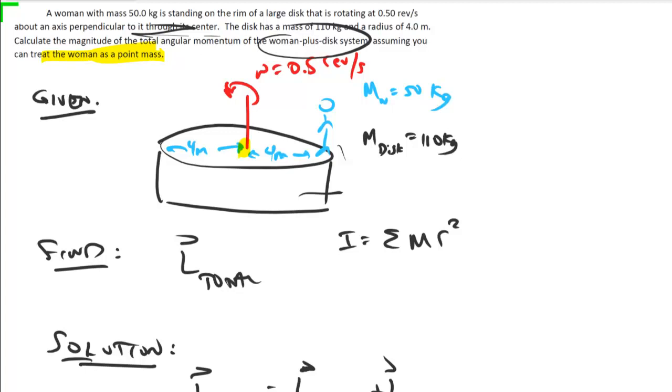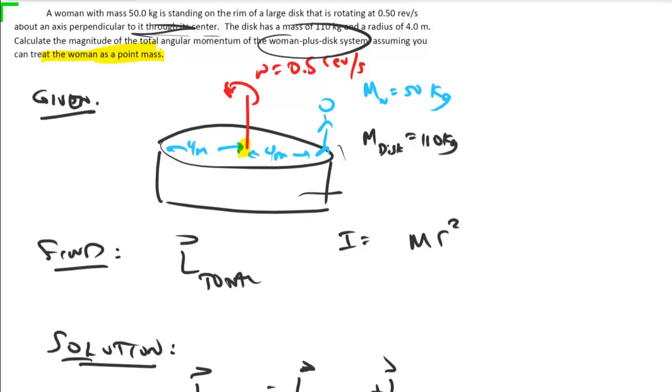So if she's a point mass, then all of her mass is at one point, at one distance, so we don't even need to sum this up, because there's just one of them. So it would be her mass times the distance that she is from the axis, which happens to be the radius of the disk, squared.